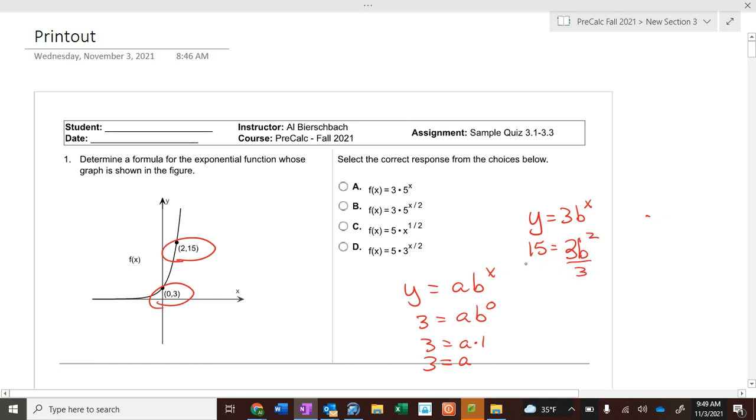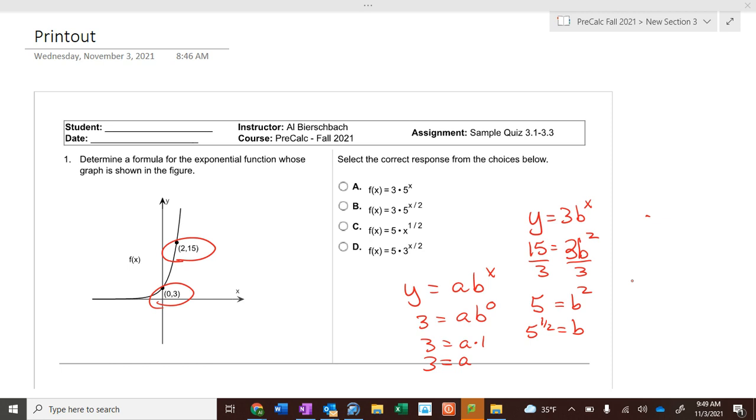Then we just divide by 3. So b squared equals 15 divided by 3, which is 5. Okay. So b equals 5 to the 1/2 power. If we take the square root of each side, it's 5 to the 1/2. Are we good with that, Grant? Yes. Okay.